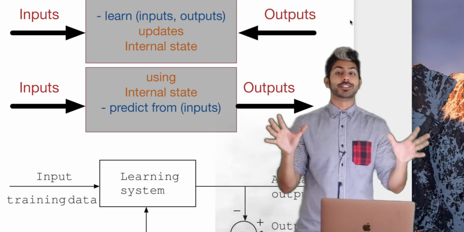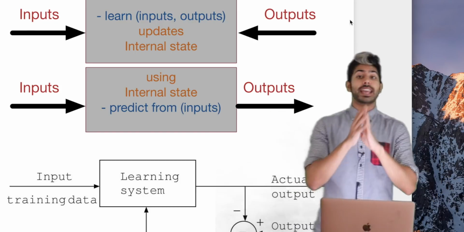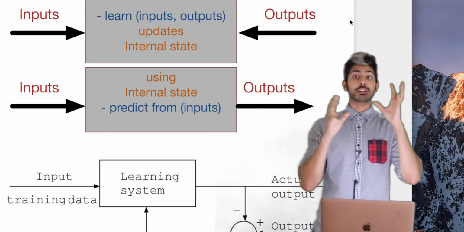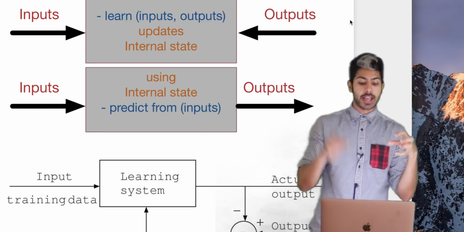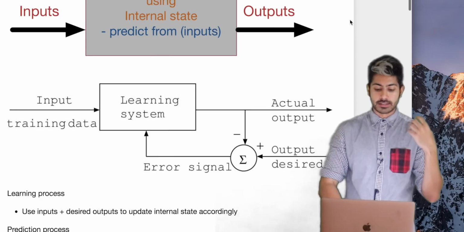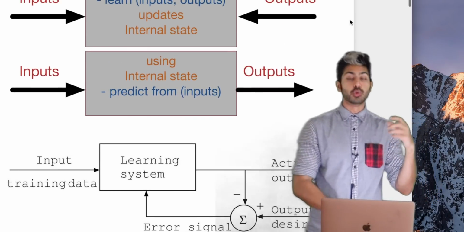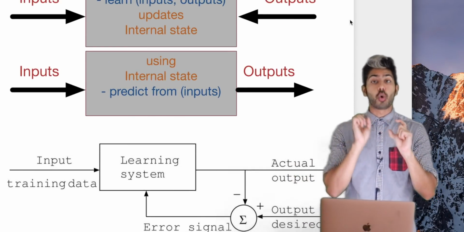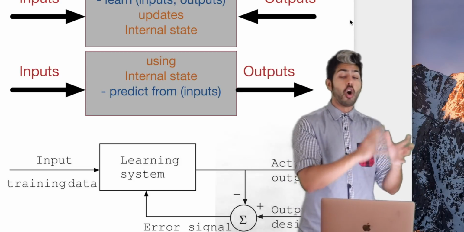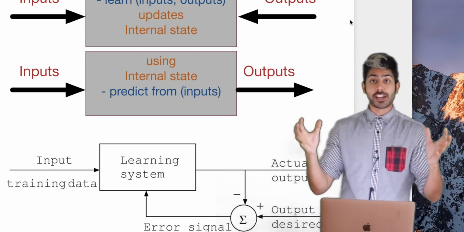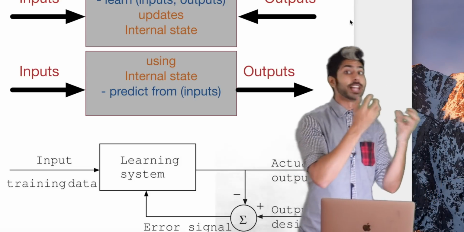So let's start off by talking about how neural networks learn. In a black box approach, the neural network gets an input, that's the input data, and some desired output, right? So it's got an input and a desired output, and it uses that to update its internal state accordingly, right? We have some desired output. Those are our labels, right? All of backpropagation centers around having some labels for our data.